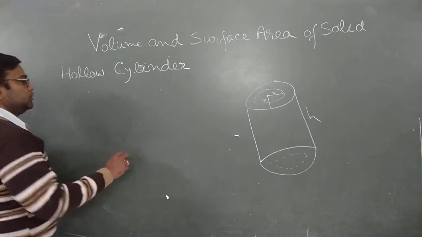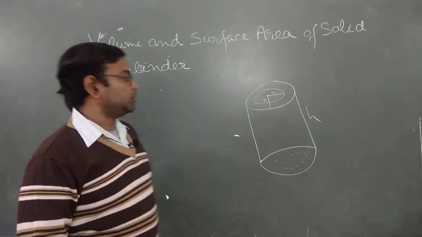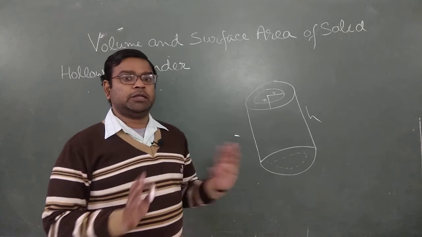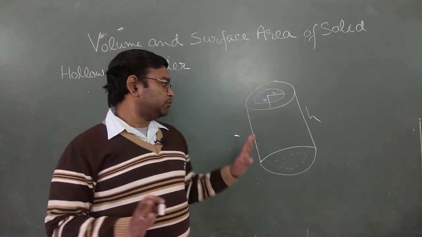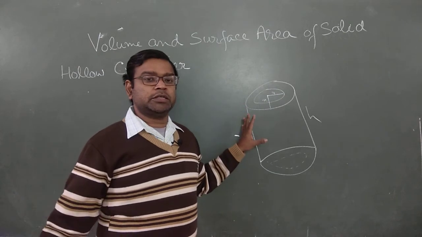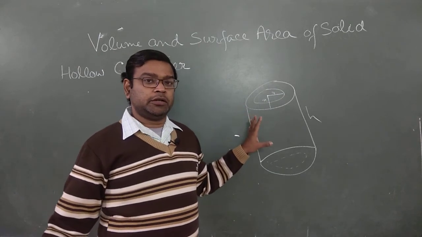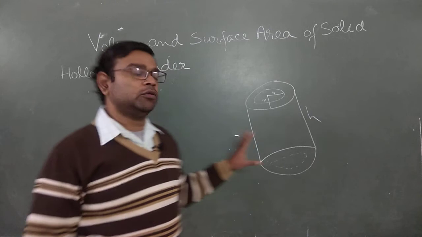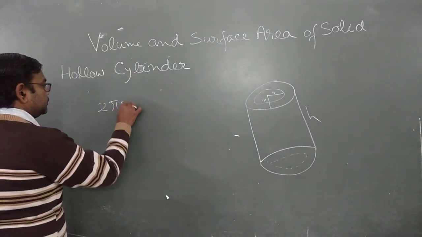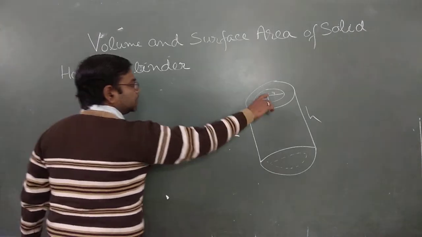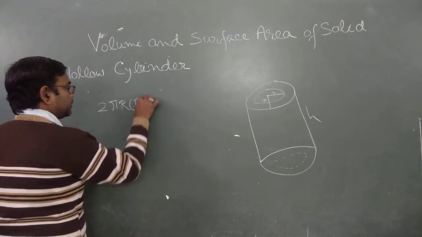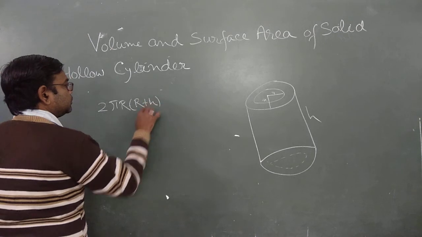So what is the total surface area? In this case, the total surface area is a little bit larger. You have to clear the concept first. The total surface area, as we discussed in the case of a cylinder, is 2 pi r into r plus h. But in this case, that r is capital R. Clear?